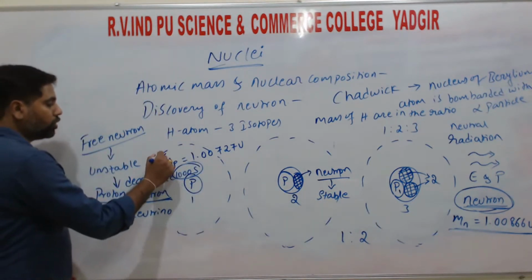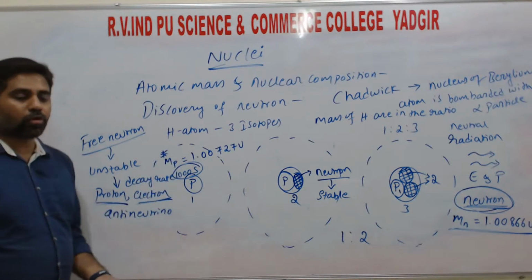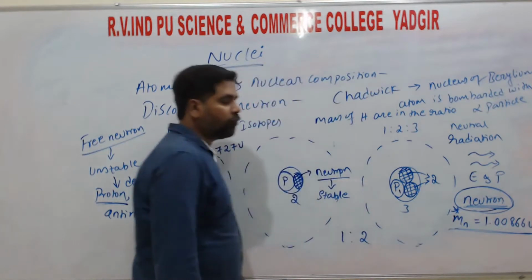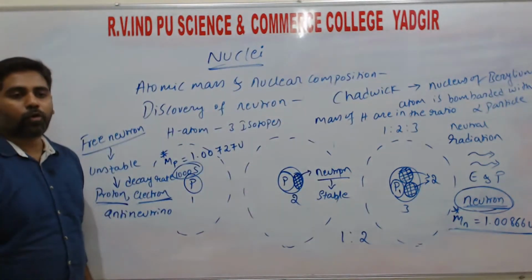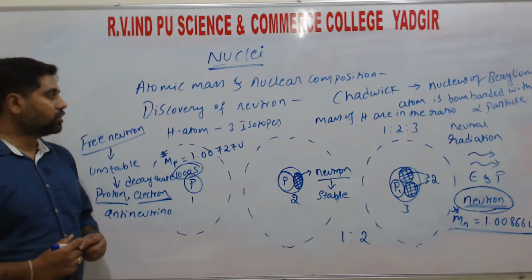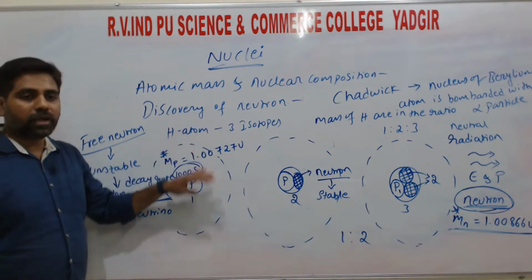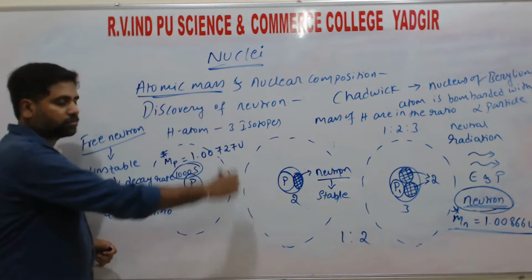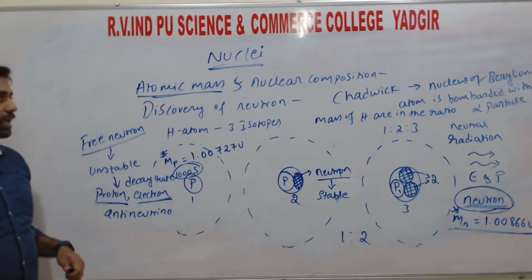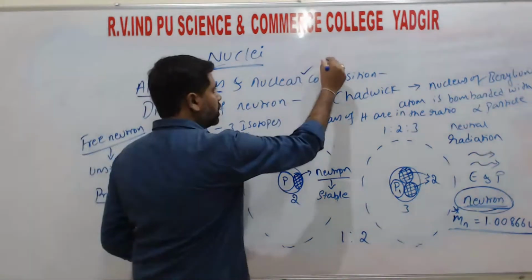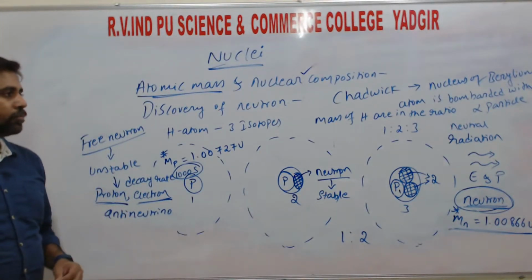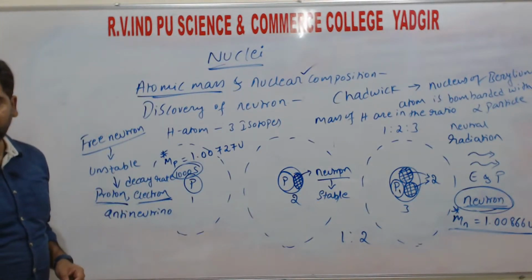Here we need to remember the mass of the proton and the mass of the neutron, which will be helpful while solving problems, right? So this is about the discovery of the neutron, and that is about the atomic mass. In the next class we will discuss nuclear composition. Thank you.